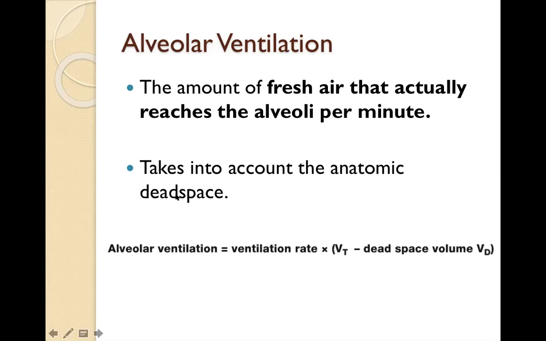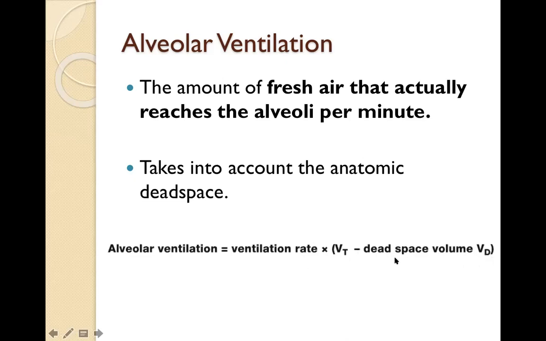So let's do a calculation here. We have alveolar ventilation, and the way that we calculate this is it's exactly the same ventilation rate or respiratory rate. So how many times are we breathing per minute? And then we have to multiply that by how much air is actually reaching the alveoli. Well, that's equal to our tidal volume, the amount that we're taking in, minus whatever's in the dead space.